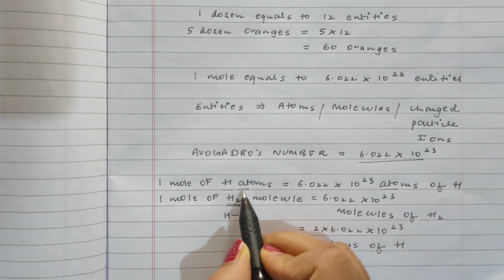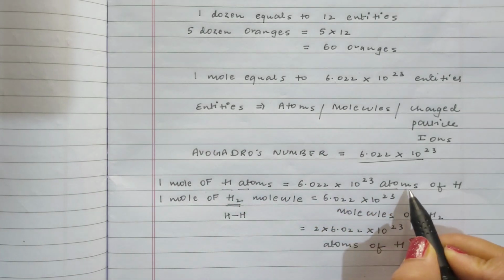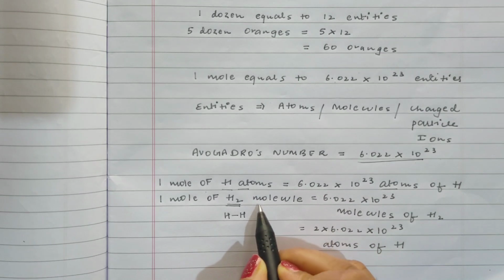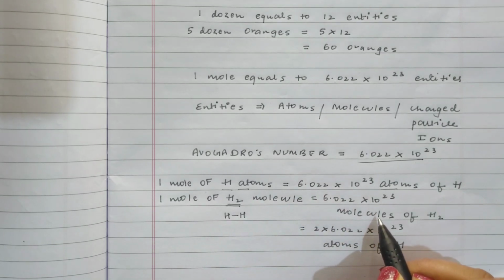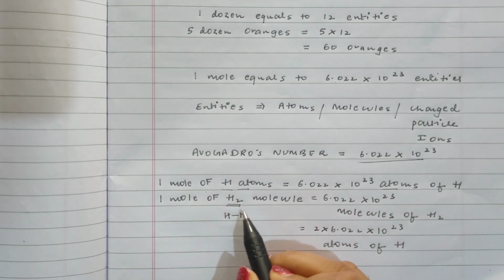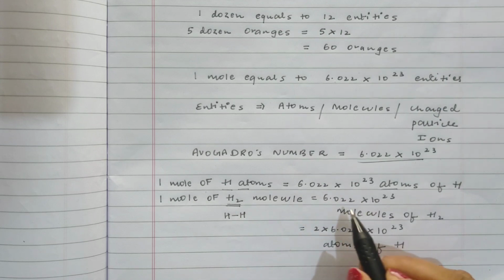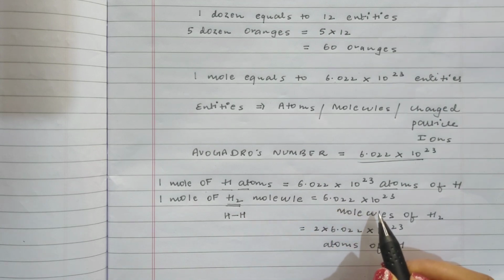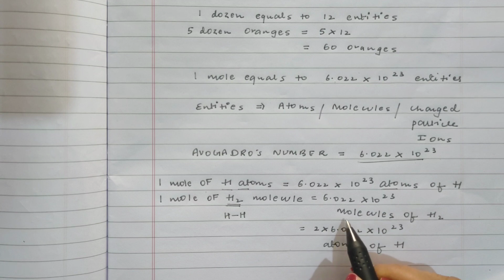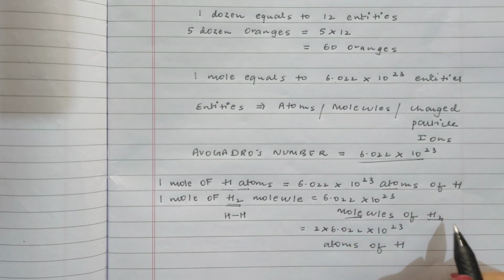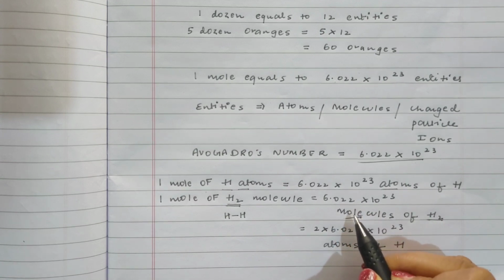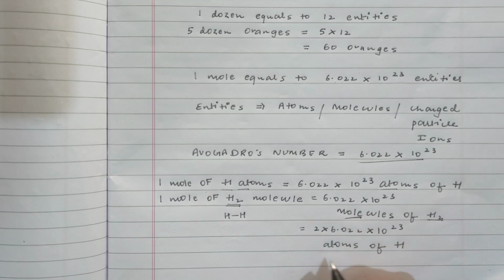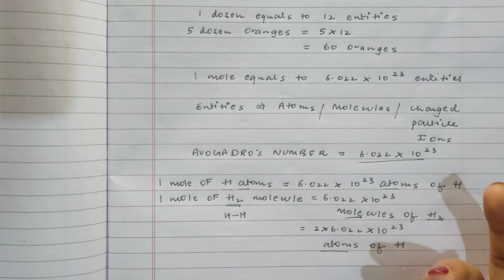When you're taking atoms, you get the answer in terms of atoms. When you're taking molecules, you get the answer in terms of molecules. So 1 mole of H2 will be equal to 6.022 into 10 to the power 23 molecules of H2. But in the same example, if I want to calculate the atoms, I can do that as well.